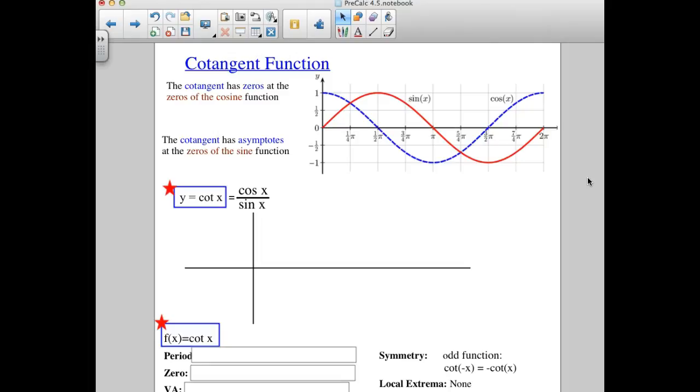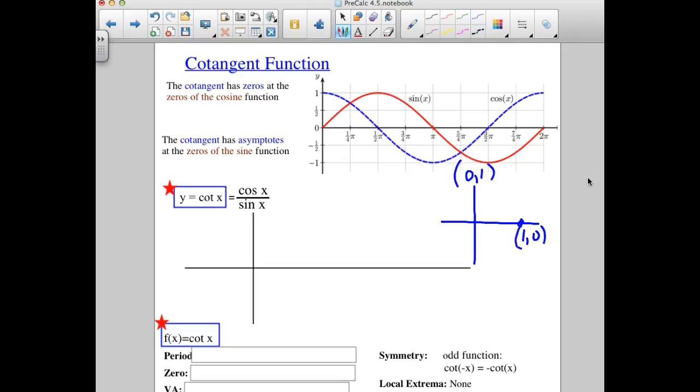All right, so let's look at our unit circle. We have a point here at 1, 0. Here we had 0, 1. So what is the cotangent at 0 radians?